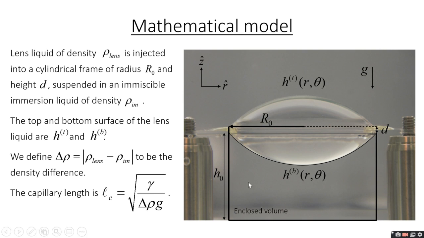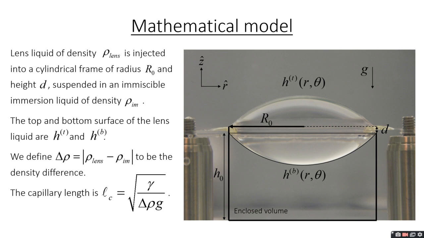We start with a simple model where an optical liquid is injected into a ring-shaped bounding frame, surrounded by an immersion liquid. In this system, the capillary length is inversely proportional to the density difference between the immersion liquid and the optical liquid, so that if the two densities are matched, the capillary length goes to infinity and gravitational effects disappear. Here there's an additional component to the setup.